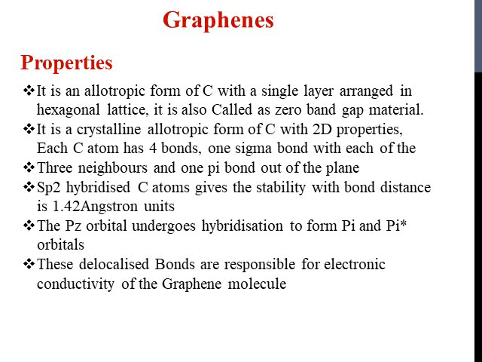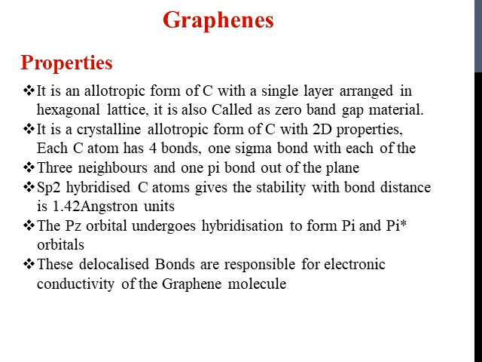Now it is a highly crystalline allotropic form of carbon resembling the 2D properties of carbon, and has four bonds. One is a sigma bond with each of the three carbon neighbors, and the unhybridized pz pi electrons delocalize over the ring system. All the carbon atoms are sp2 hybridized, which gives more stability. You know very well that sp2 hybridized carbon is more stable, and the bond distance is almost 1.42 angstrom units.